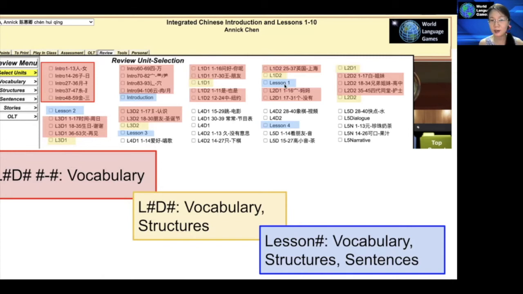And also, lesson 1 contains all of the lesson 1 sentences, but not to overwhelm my students, I only create about between 8 to 11 sentences for each lesson. So if you select lesson 1 from the unit and you go to sentences, you will be able to play some of the games to practice sentences.